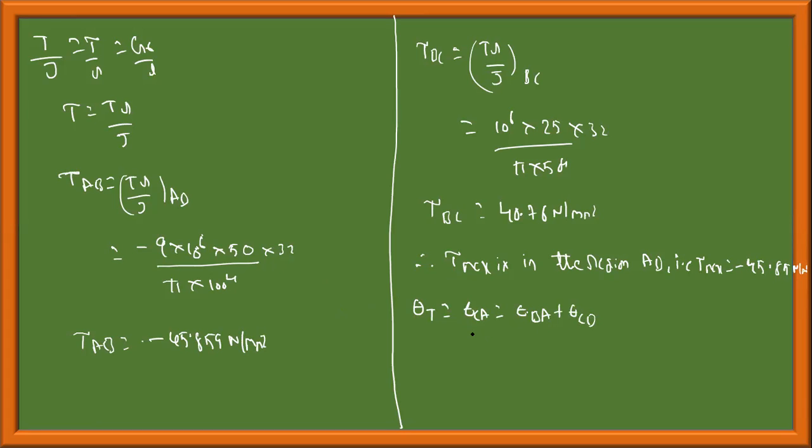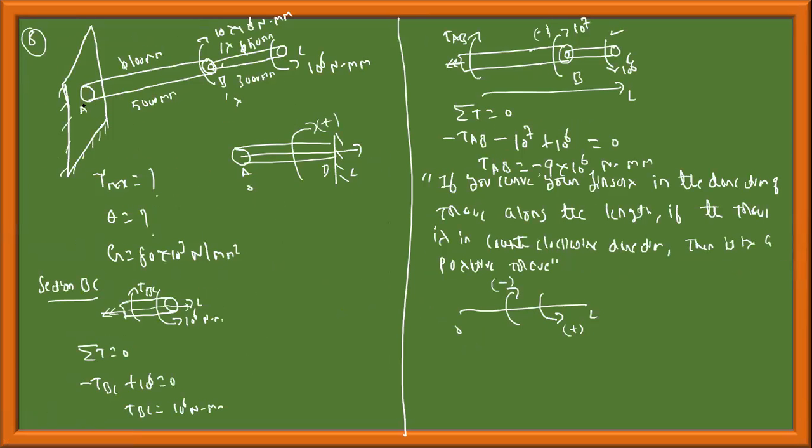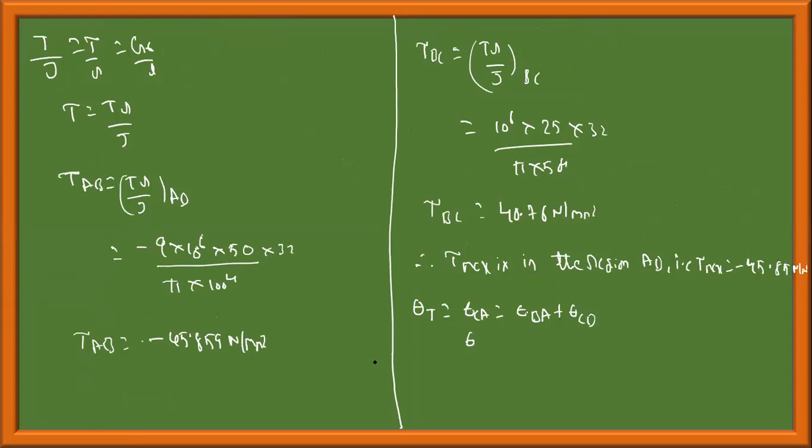It means the total angle of twist of point C with respect to A, theta CA, is theta C minus theta A, which is theta B minus theta A plus theta C minus theta B. This cancels, giving theta C minus theta A. Since theta A is fixed, we get theta C only.